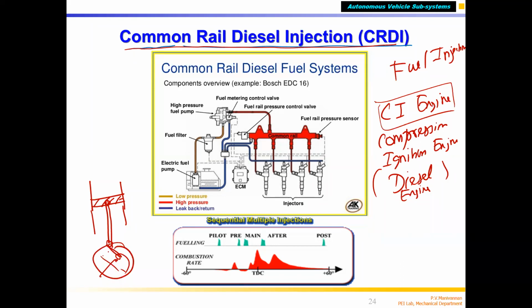This is your crank mechanism. This is my piston. So this is the combustion chamber, same as your petrol engine. There's no difference. This is totally enclosed, and nothing can go in.